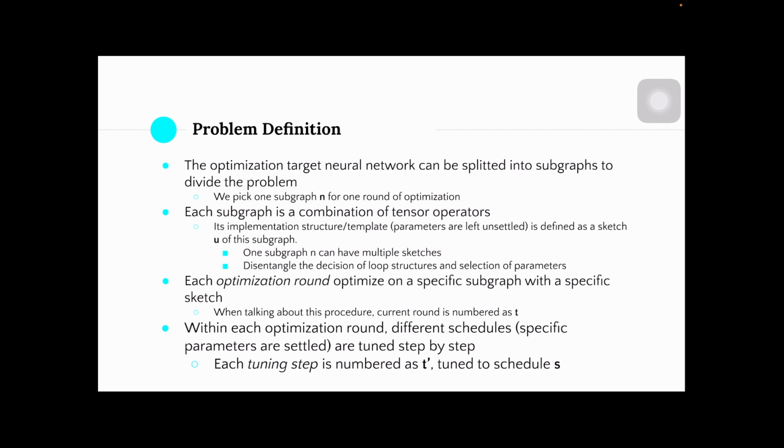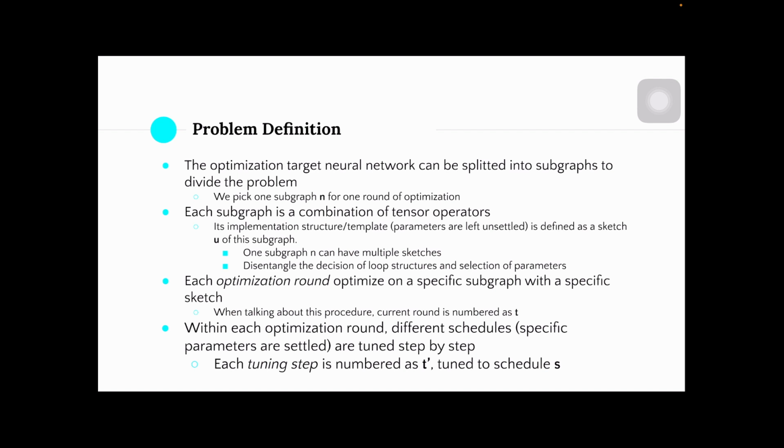In each round of optimization, we pick one subgraph N for optimization. Each subgraph is a combination of multiple tensor operators. So its implementation structure, also known as a template with parameters unsettled, is defined as a sketch U of this subgraph. One subgraph can have multiple implementation structures, so it can have multiple sketches.